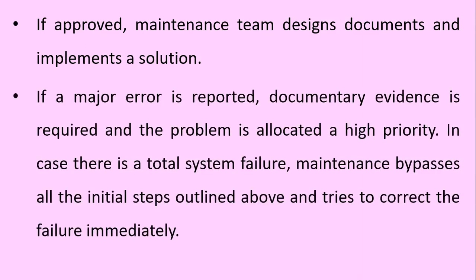If a major error is reported, documentary evidence is required and the problem is allocated a high priority. In case there is a total system failure, maintenance bypasses all the initial steps outlined above and tries to correct the failure immediately.